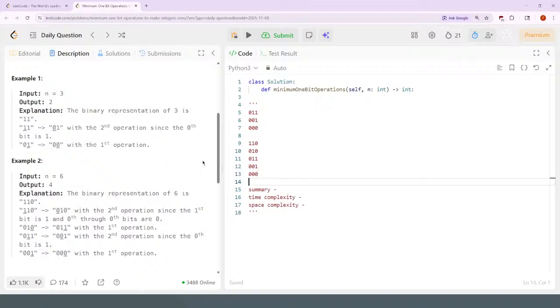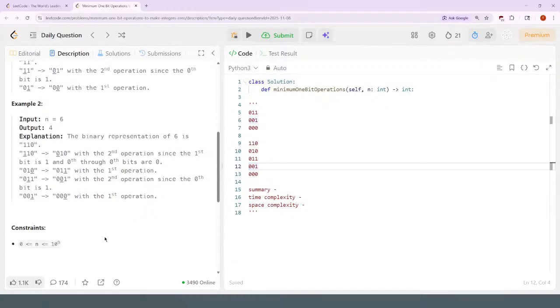Okay, so it should be 4 operations. Second operation, first operation, first operation.